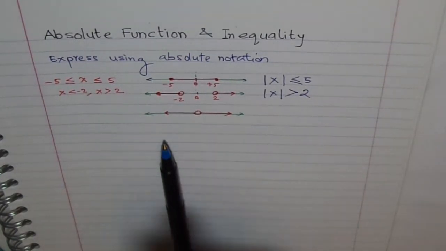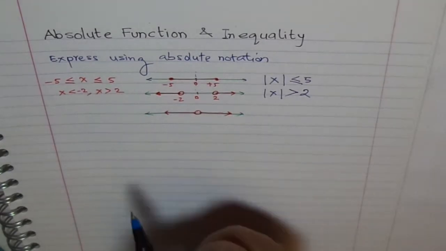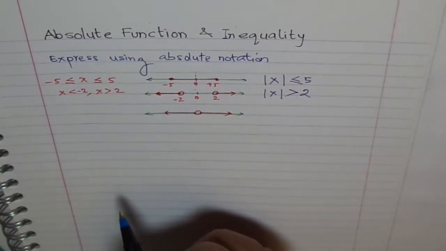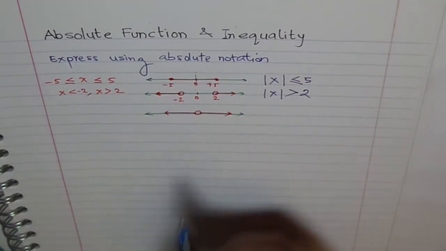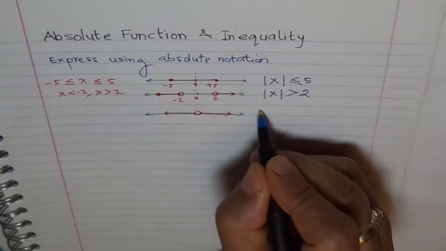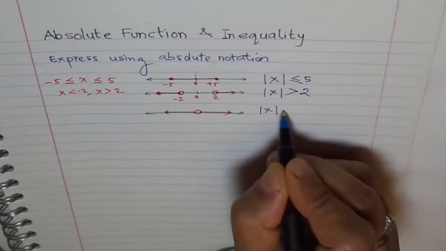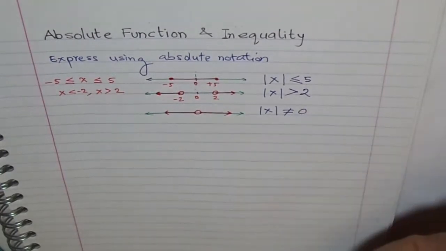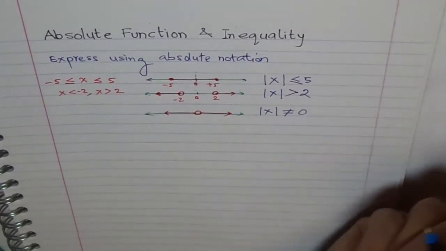Tell me, how will you represent this as an absolute function? That's kind of tricky, right? Everything but not 0. Well, think about it. We can write absolute x is not equal to 0. It makes sense. Everything but not 0.